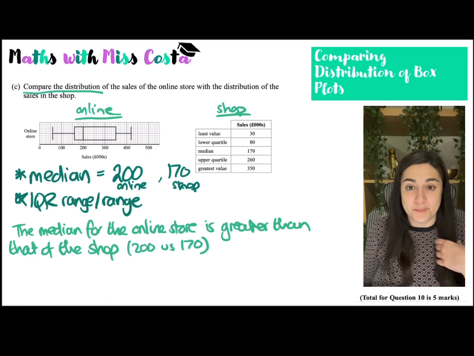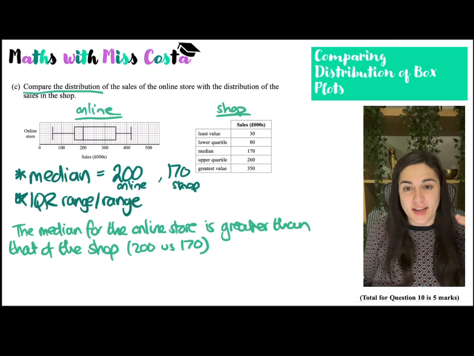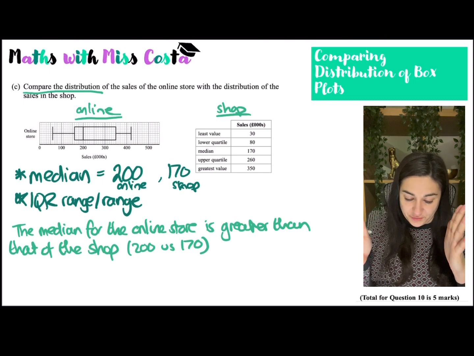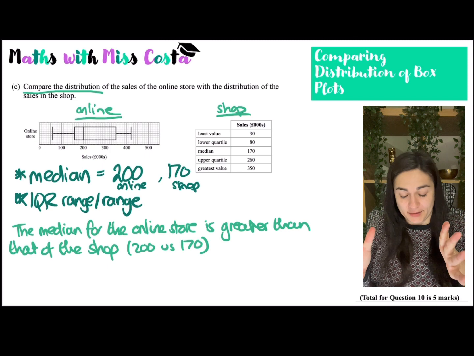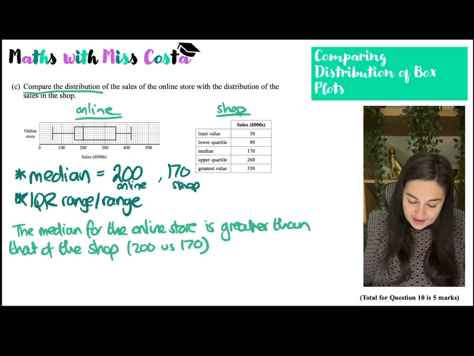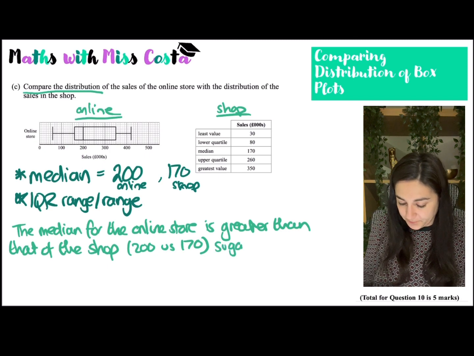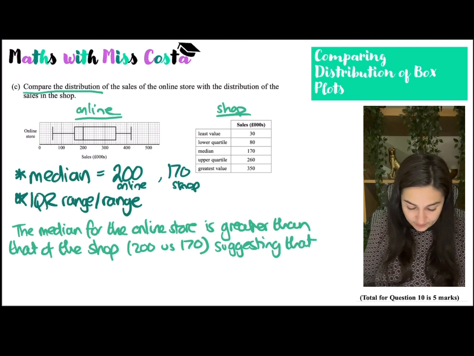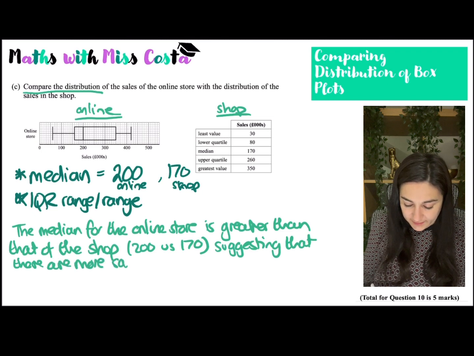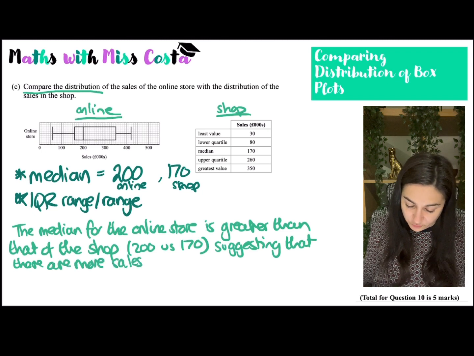Okay, so you were saying that the median is greater because if the median is higher, that generally means there's more sales. So the median for the online store is greater than that of the shop, suggesting that there are more sales. The second thing we want to do is compare the range.